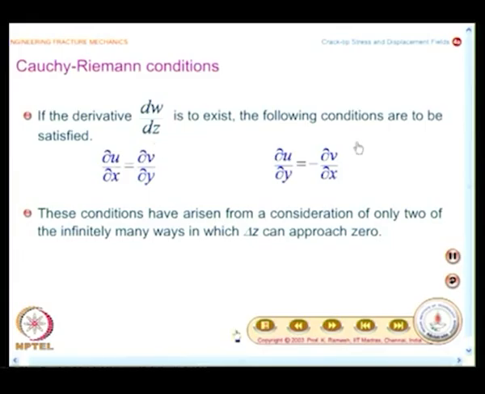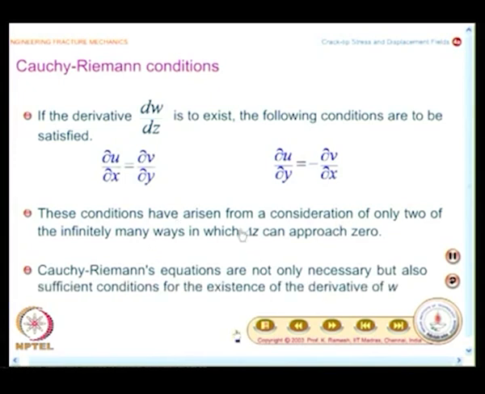And we have got these conditions by considering only two of the infinitely many ways in which delta z can approach 0. And the final conclusion is, though I have looked at only two of the many possible ways, the conditions that we have arrived at are not only necessary, but also sufficient conditions for the existence of the derivative of w.